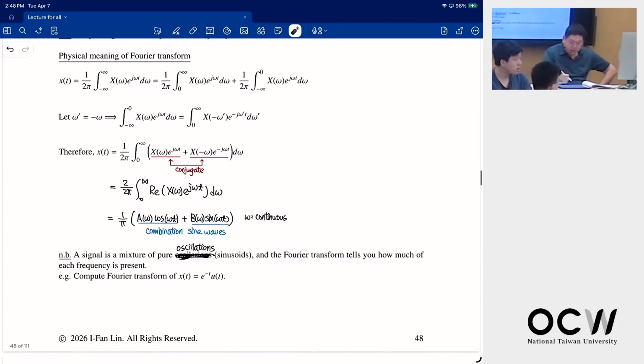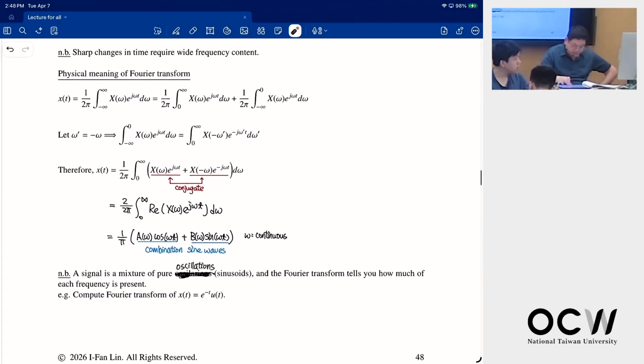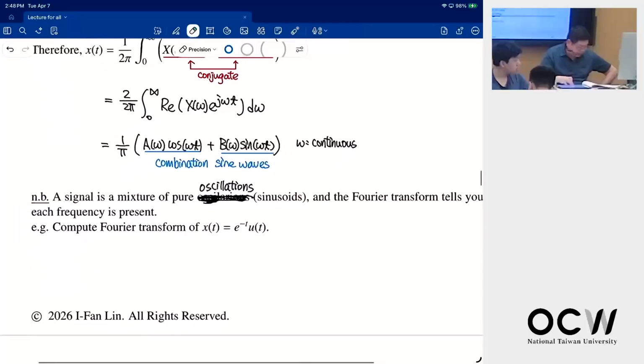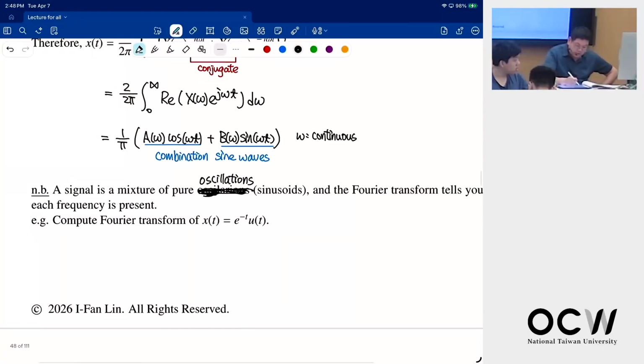Okay, let's just compute the Fourier transform of x. That's the exponential decaying times the unit step function. So there'll be your signal times, in the product, your basis.